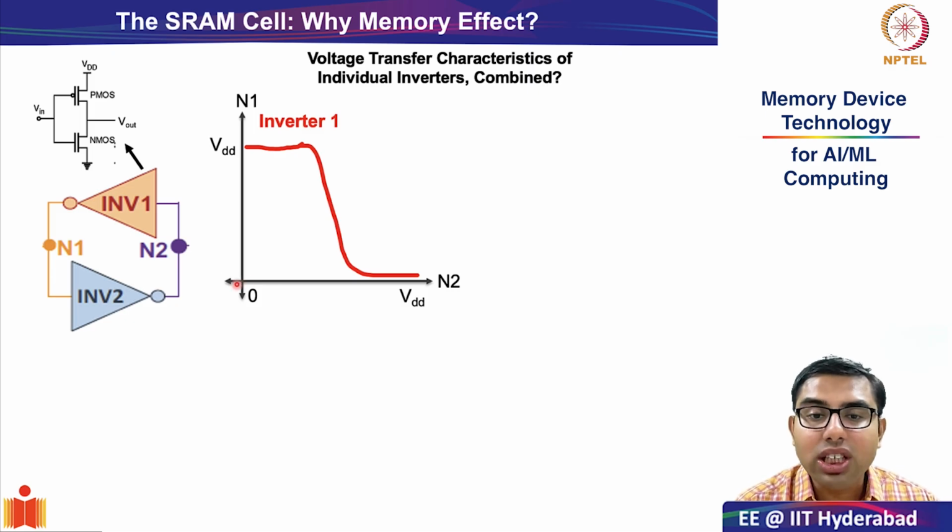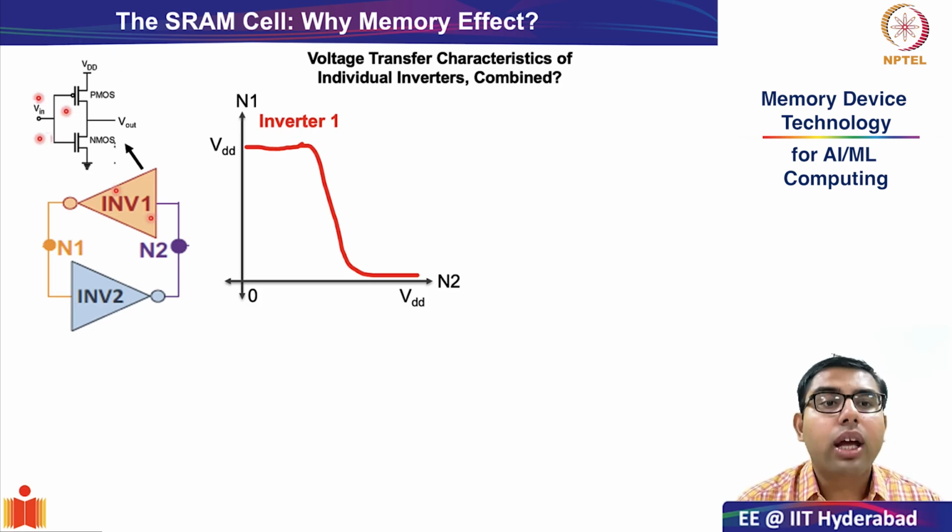As we change the value of the input, in this case node 2, when node 2 is at 0, we see that the value at the output is VDD. Why is this happening? This is fundamental in CMOS design, but it might be worthwhile to do a quick recap. This is because of the very simple structure of the CMOS inverter.